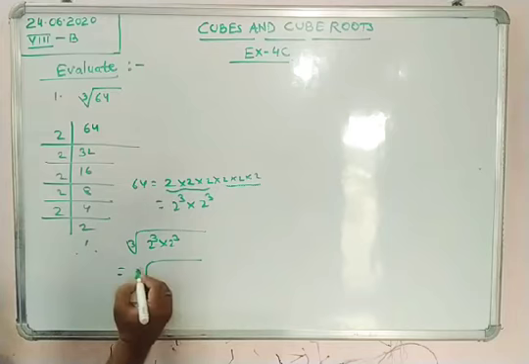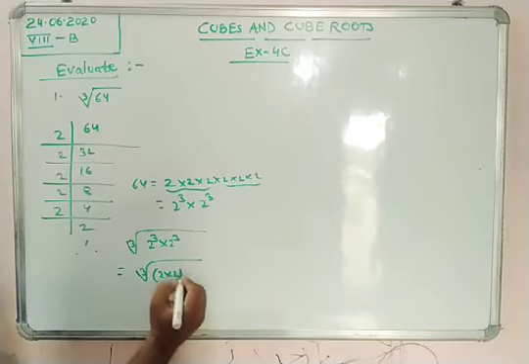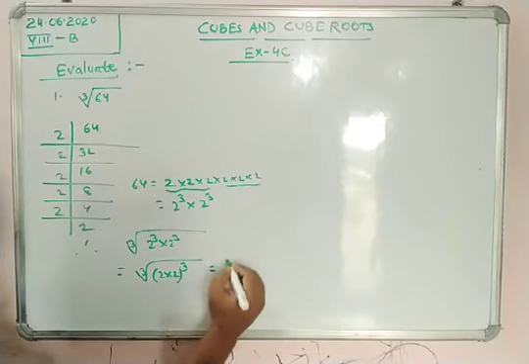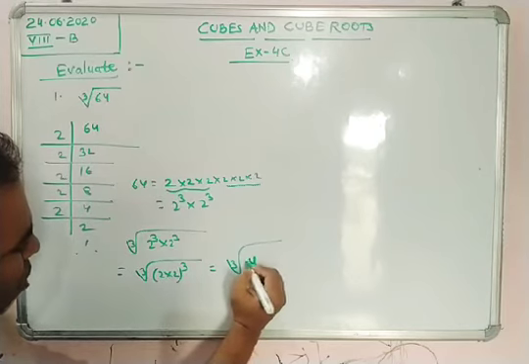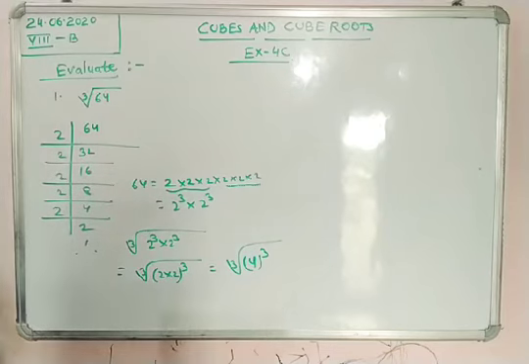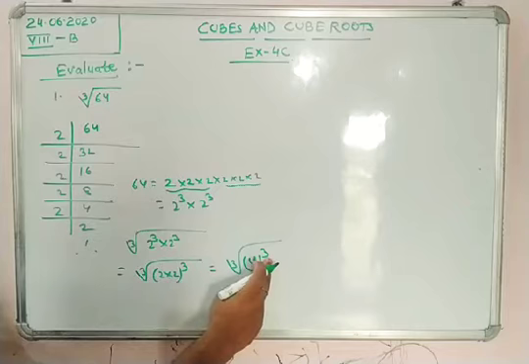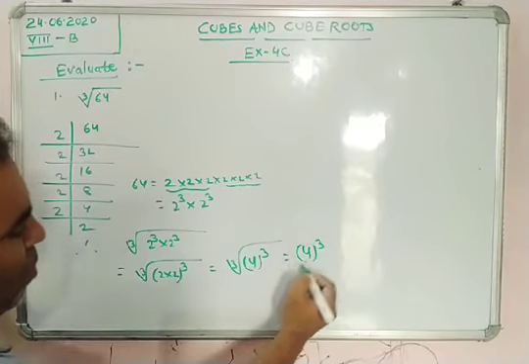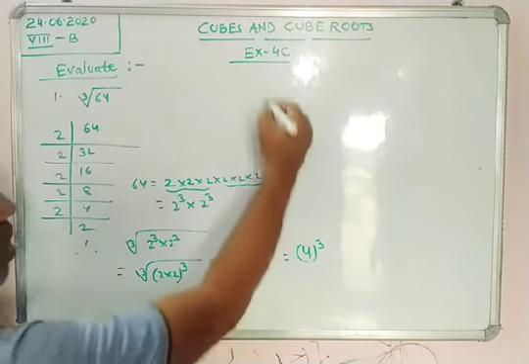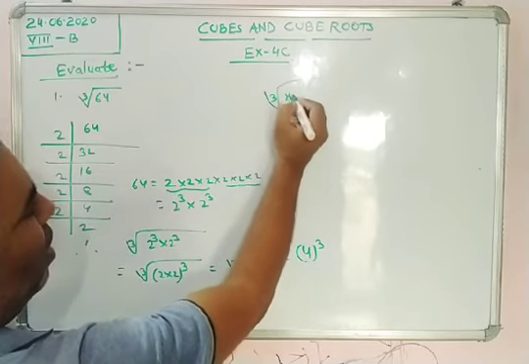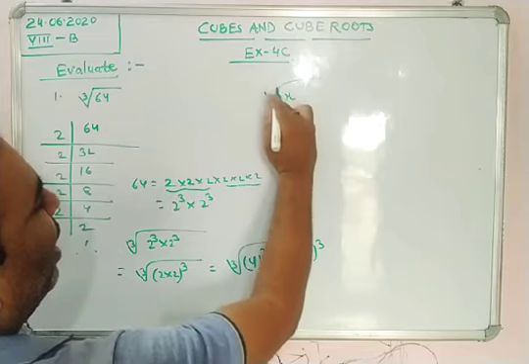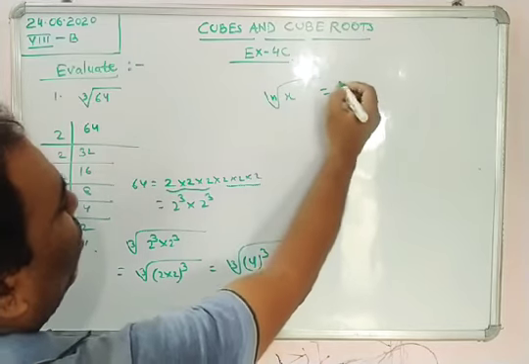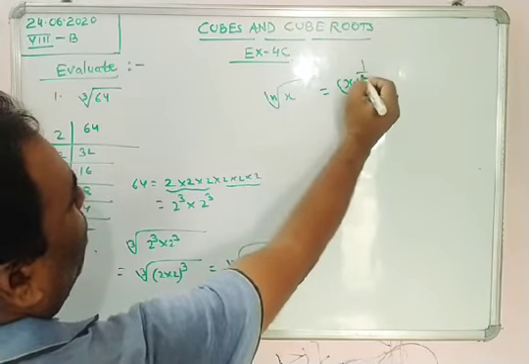So cube root of 2 into 2 to the power 3, that means cube root of 4 to the power 3. Now we will follow the exponential rule: if we have any n-th root of x, we write x to the power 1 by n.